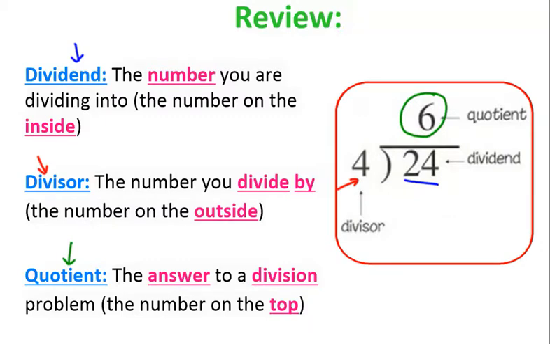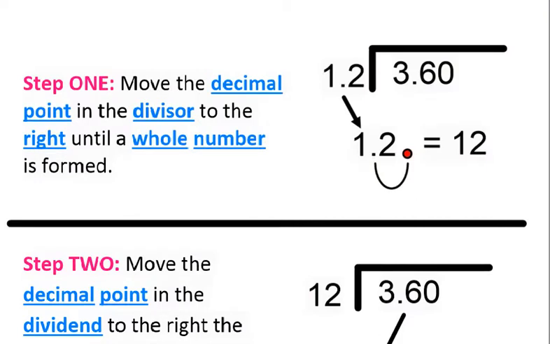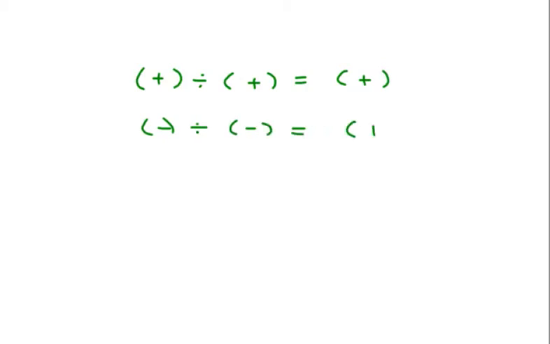Okay? Now, really quick, before we get into this, I want to remind you of your rules with negatives. When you have a positive divided by a positive, that's going to equal a positive. When you have a negative divided by a negative, that's also going to equal a positive.